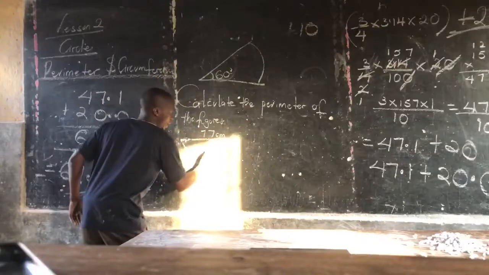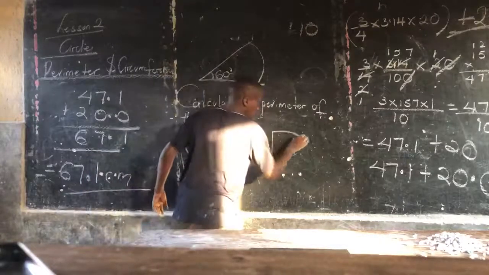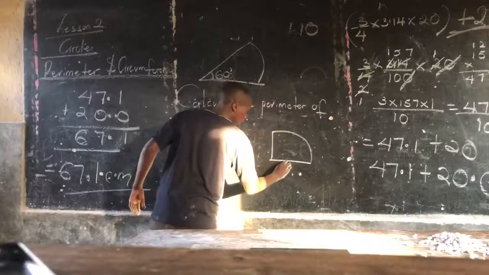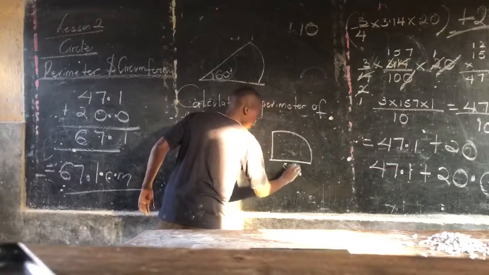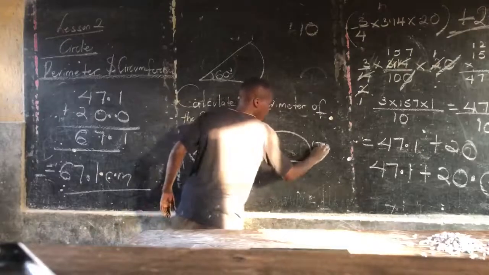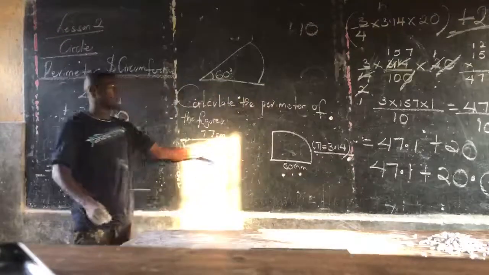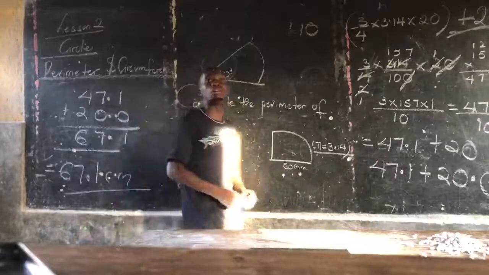Here pi will be 22 over 7. And then the other, let's call it 50 millimeters, pi will be 3. So let's try to get the perimeters of these figures.